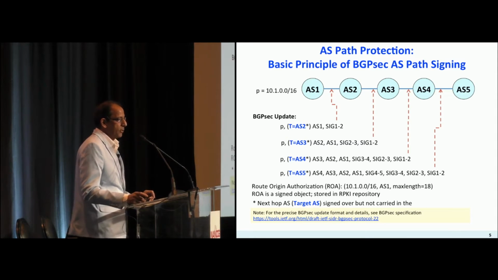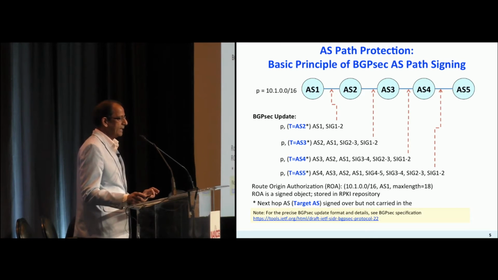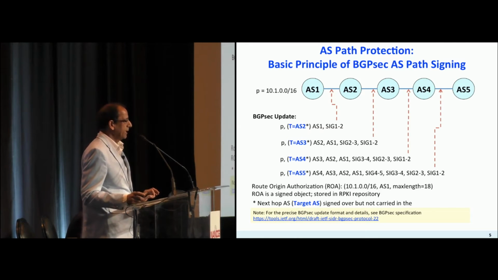So once you have this path validation in place, essentially you have complete path protection. There is a guarantee for AS5, in this example, that the BGPsec update has indeed traversed the ASs that are shown in the AS path. So that's the guarantee that BGPsec offers.